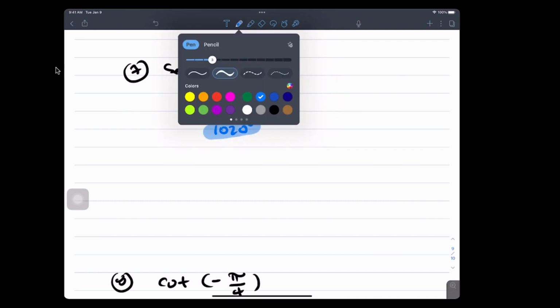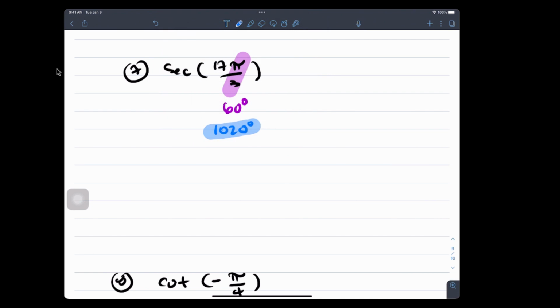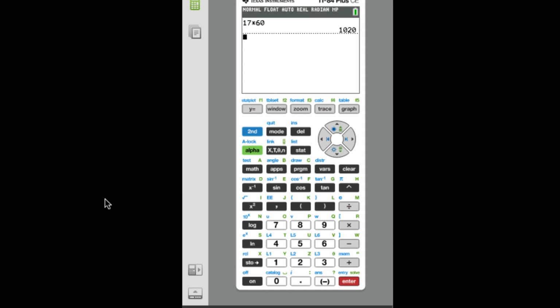What does that mean? What is this coterminal to, 1,020? How would you start to find what it's coterminal to? I don't know what it's coterminal to. So I'm going to subtract. I'm going to go to my TI here, right? I'm going to subtract what?